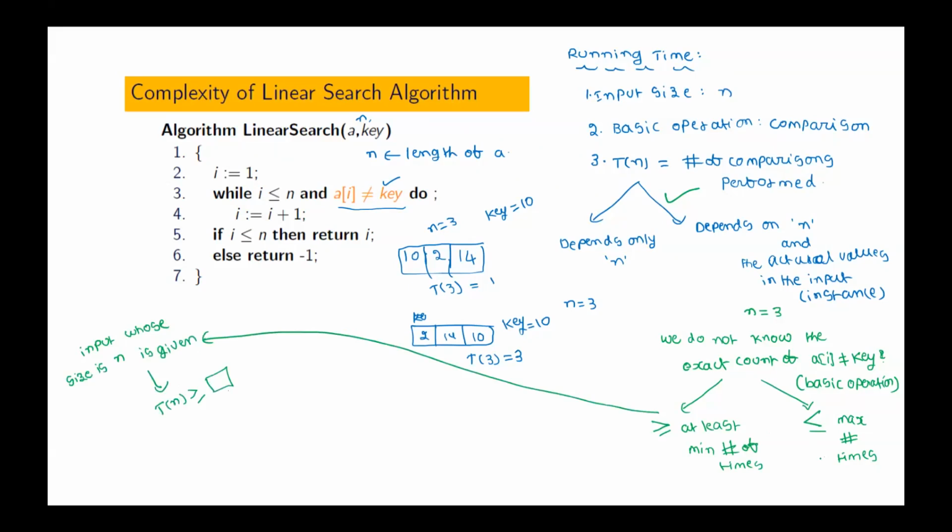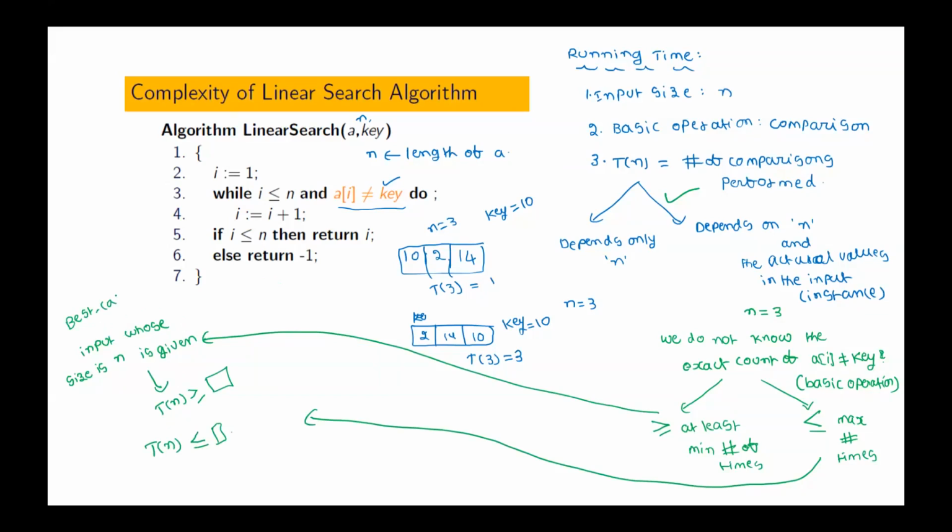So in the second case, what can we say? Any input whose size is n is given, we can say that the number of operations performed is not more than this. That much we can say, no? Okay, then this is actually called the best case running time of that algorithm.